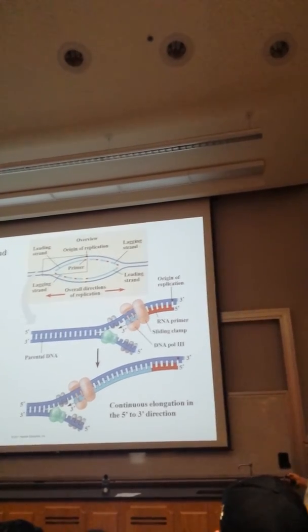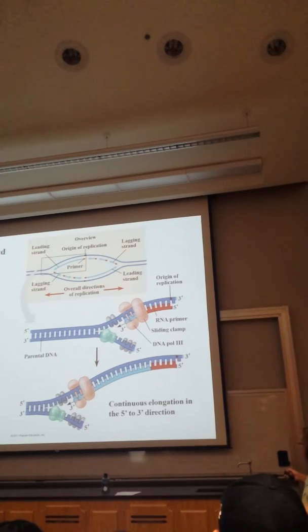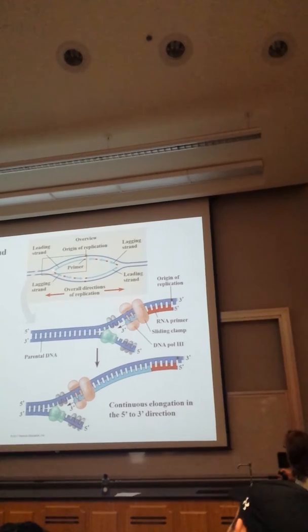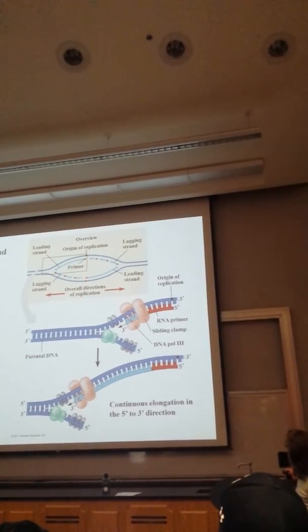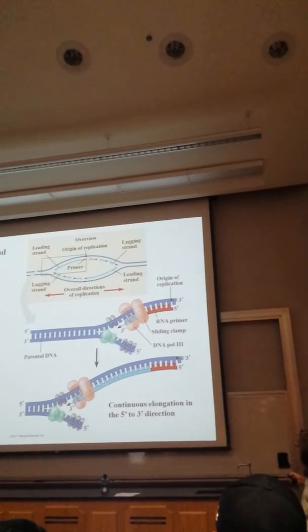However, it's the opposite strand that can pose a problem, because as that replication fork is opening up, yes, the DNA polymerase can move in as the replication fork unwinds. But right at the replication fork, where you have to have the other strand synthesized, this is not a very big space, and so consequently, this is called lagging strand synthesis.